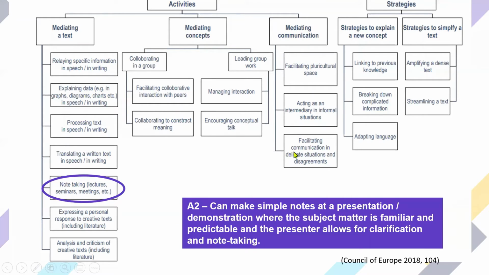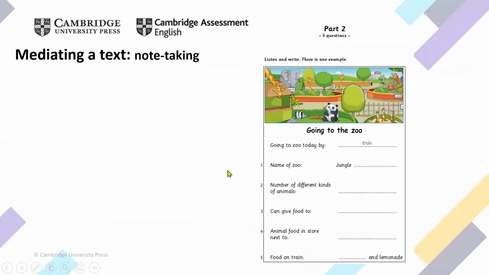As we can see here, where is this, George? I think this is taken from A1 Movers. Throughout the rest of this, we are using some Cambridge exam tasks to illustrate what we are saying about mediation.